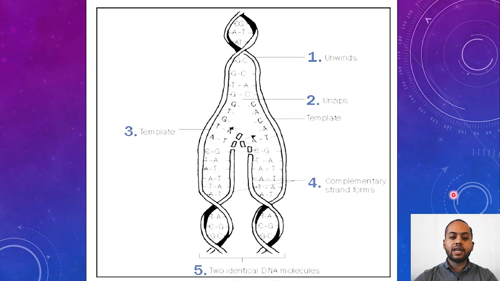So let's have a look at the diagram to assist us in understanding this process. Step number 1, if we look on top, we have the normal DNA double helix structure. That DNA double helix is going to unwind and unzip. The weak hydrogen bonds found between these nitrogenous bases are going to break.